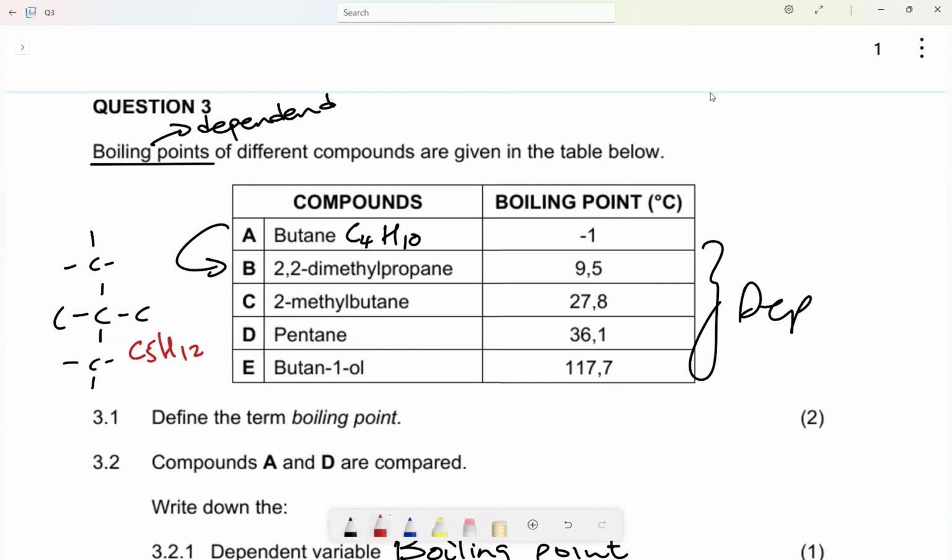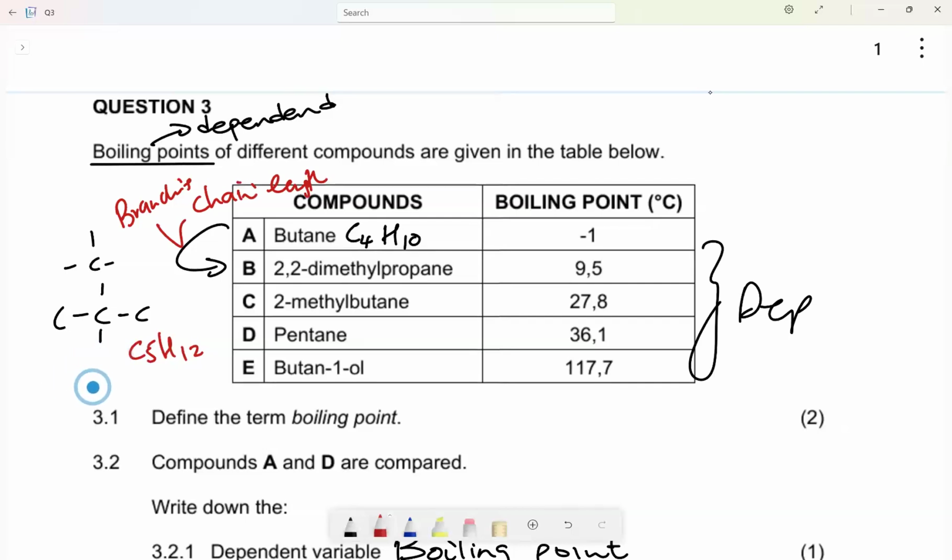Homologous series is constant. Type of intermolecular force is the same, London force. Chain length is not. Branching is not. So here it is not a fair comparison. Why? Because we have two independent factors, which are chain length and also branching.